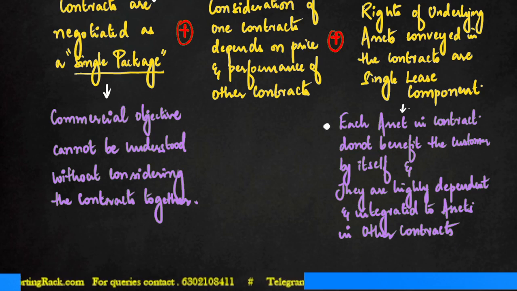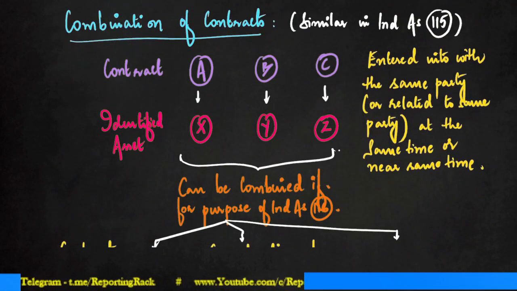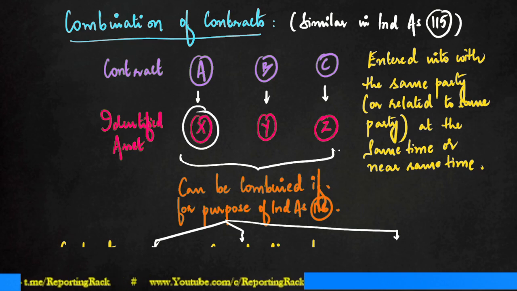Each asset in the contract does not benefit the customer by itself. Each such asset is highly dependent and integrated with other assets in the other contracts. What do you mean by that? There is no commercial objective because this X alone does not give me any economic benefit.